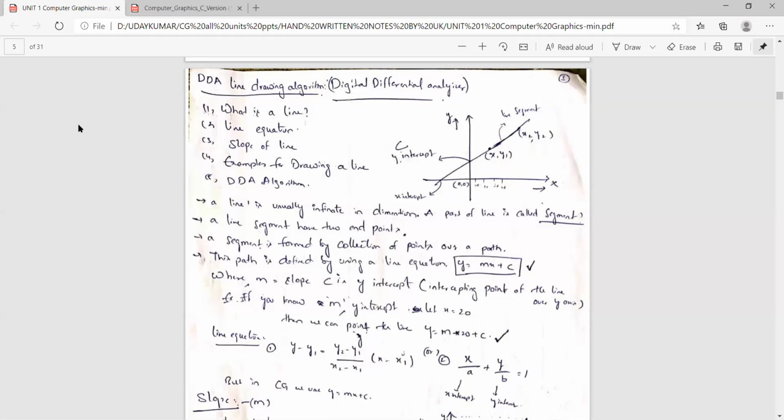A part of the line is called a segment, a line segment. So there is a difference between line and line segment. A segment has a starting point and an ending point, 2 points.